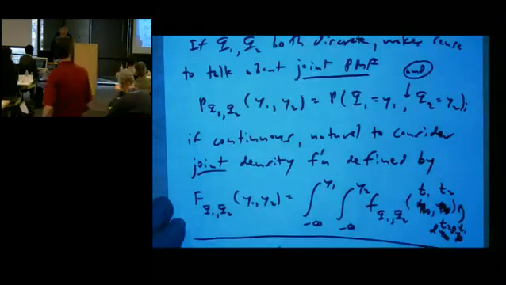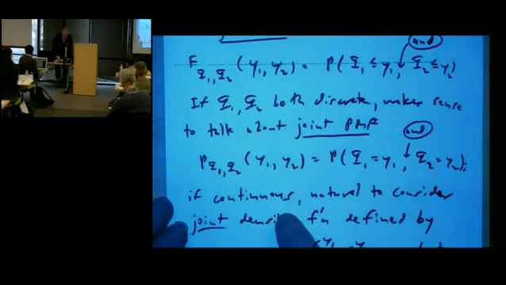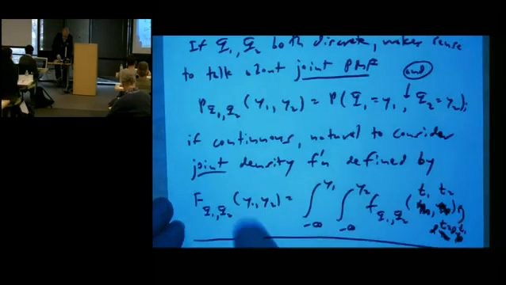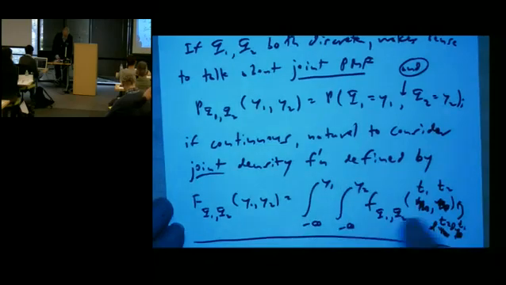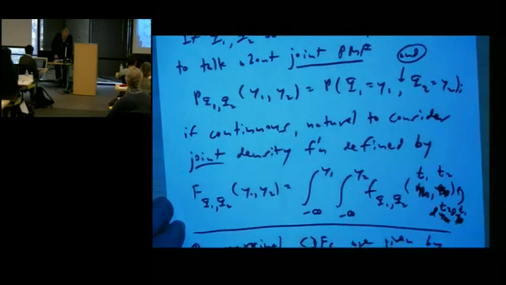And just as we did with one variable at a time, if both variables are continuous, it's natural to consider a joint density function by taking the double integral over this joint density to get back the joint CDF. So this is just like what we saw earlier, except there's two of them now.